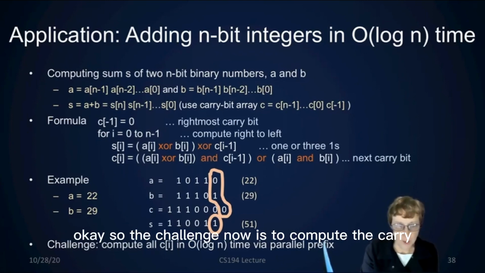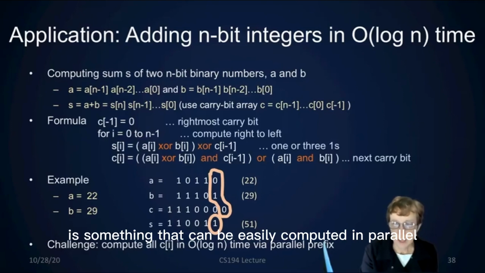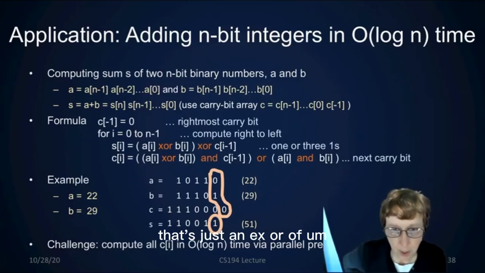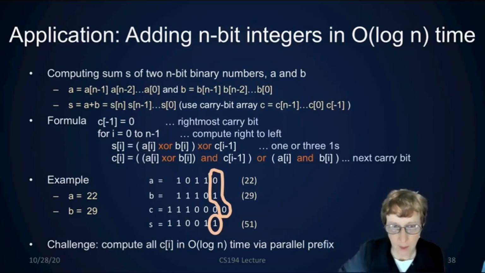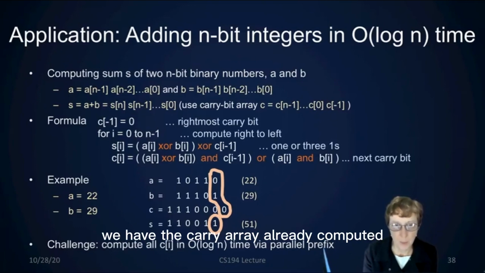Okay, so the challenge now is to compute the carry. The sum is something that can be easily computed in parallel. That's just an XOR of the A's and the B's, if we have the carry array already computed.